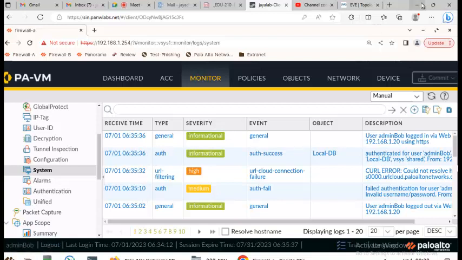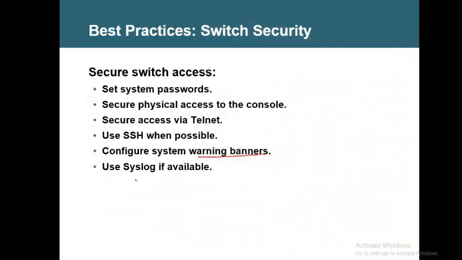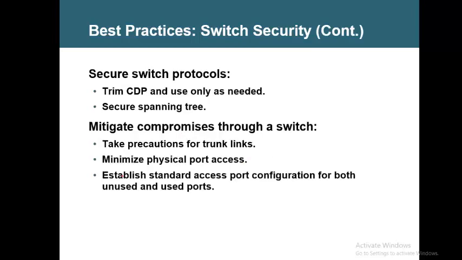You can also use syslogs to dump the log information on a remote device. All that you need is to run syslog services on the device and a syslog server on the remote computer. Put the IP address of the remote computer where you are running the syslog server on the switch, in the syslog client configuration. Right, these are all the good practices.